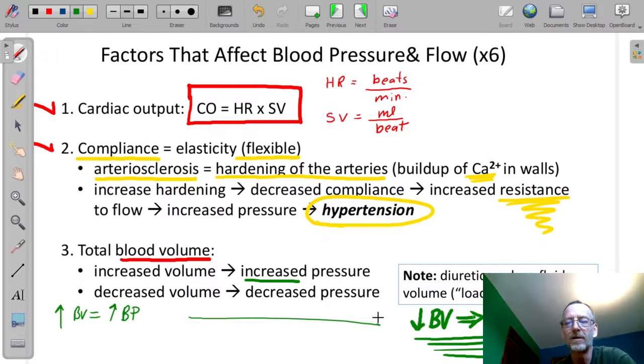Okay? Blood volume. If you lose blood volume, what happens to your blood pressure? It goes down. So you need to stop the bleeding before the blood pressure crashes. Next slide, we'll do a few more.